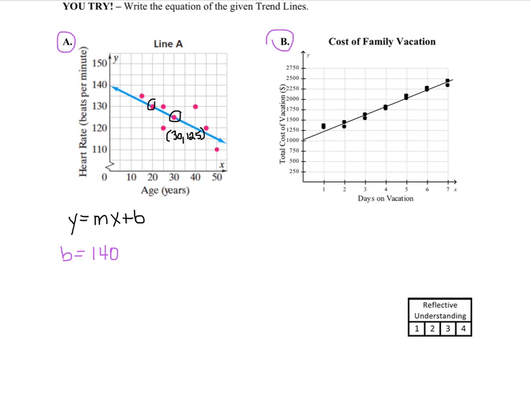And then your second coordinate is 20 and 130. And we're going to use those two coordinates to find slope by finding slope m equals y2 minus y1 over x2 minus x1. So I want you to continue this problem and find the equation, and then I would like you to do B on your own, and we will discuss it in class. Thank you.